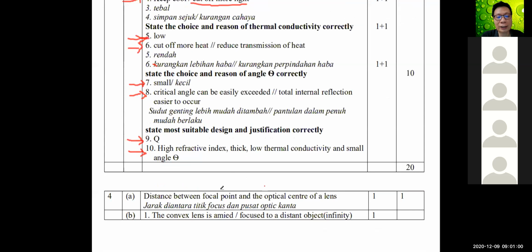Focal length is the distance between the focal point and the optical center of the lens. So that is called focal length.